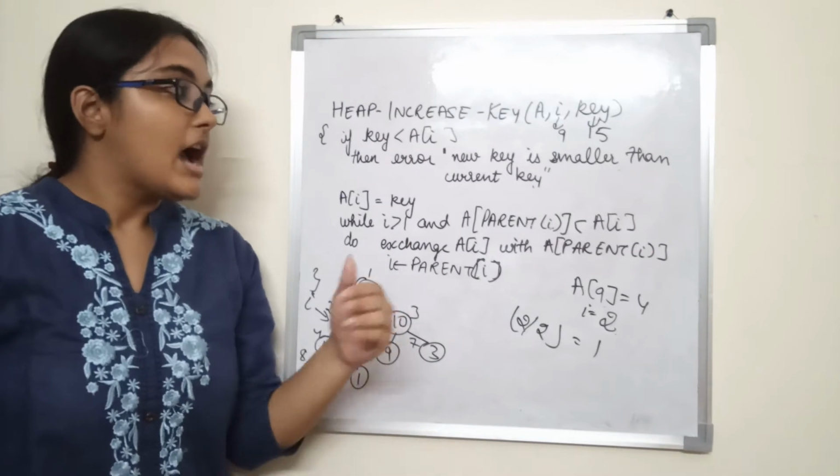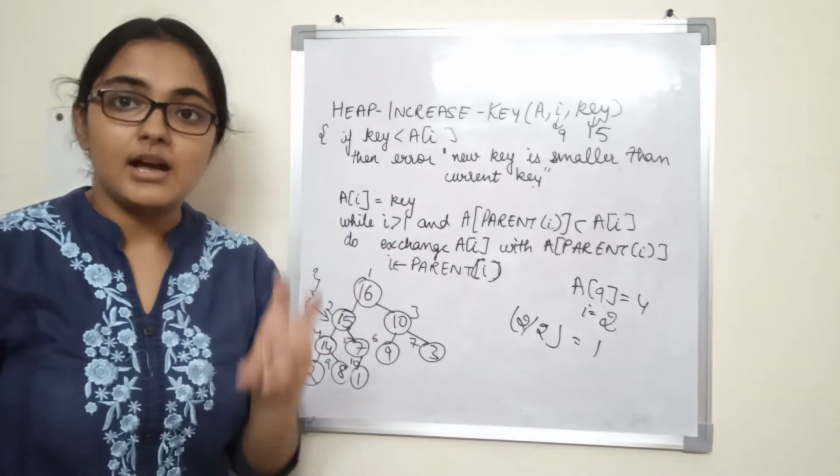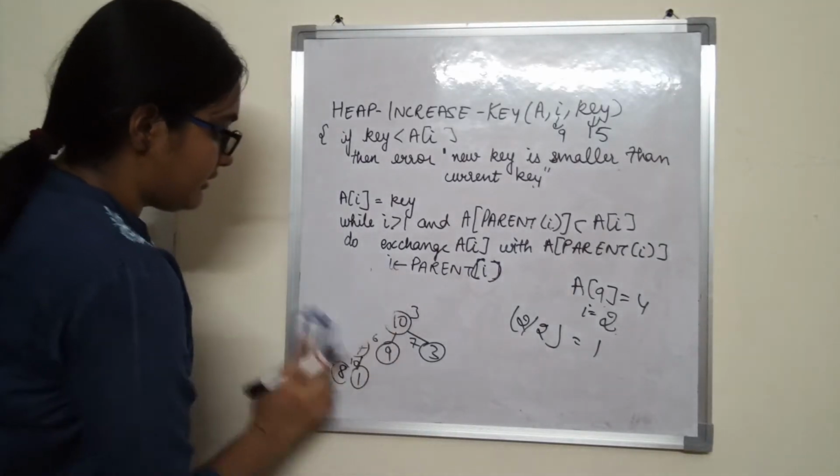Now let us see how we make use of the heap increase key method in order to insert an element in the max heap, right? I hope you got it.